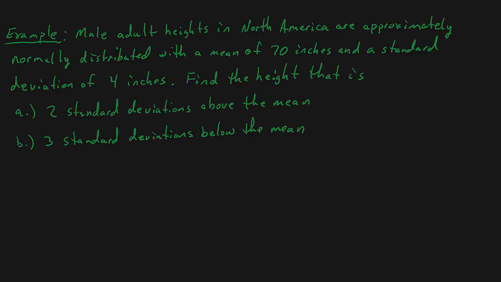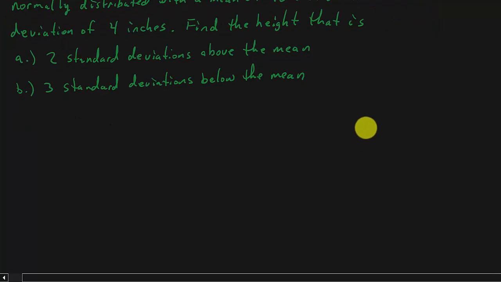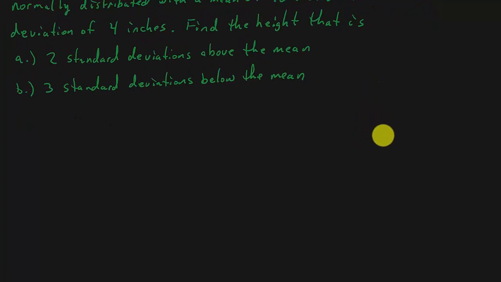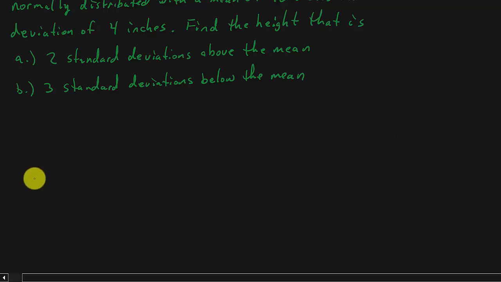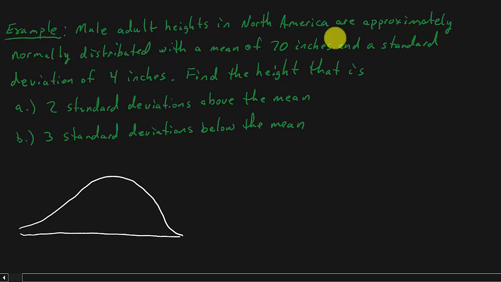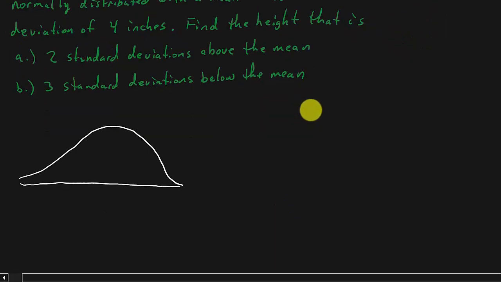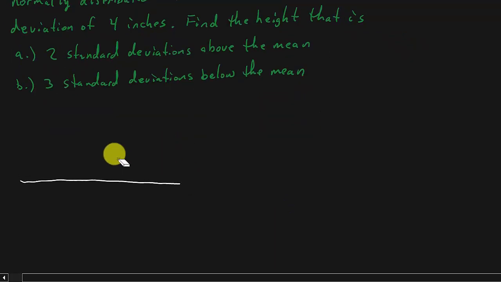One thing I'll say about problems like this is the first thing I would do is draw it out. So let's draw this. Here's our normal distribution, because it tells us it's approximately normally distributed. Let me see if I can draw that a little better. Okay, something like that.